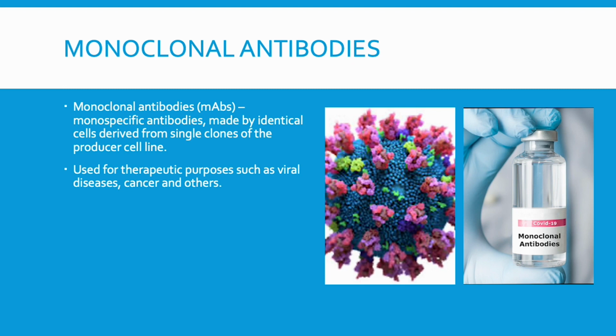These antibodies have various applications, especially as therapeutic drugs for viral disease, cancer, and recently, they can possibly be used for antivenom. How do monoclonal antibodies function? In the case of pathogens, they bind to the antigens on the surface of the pathogens and neutralize their ability to infect human cells, or they tag them for elimination.